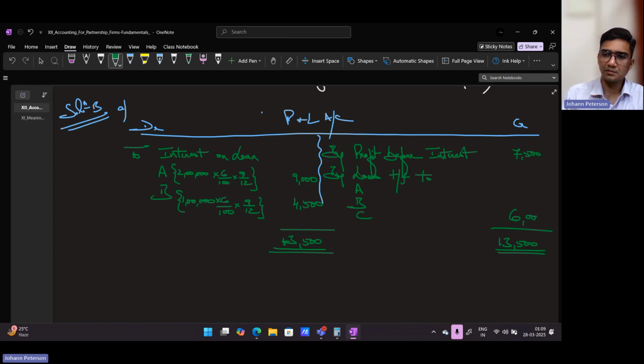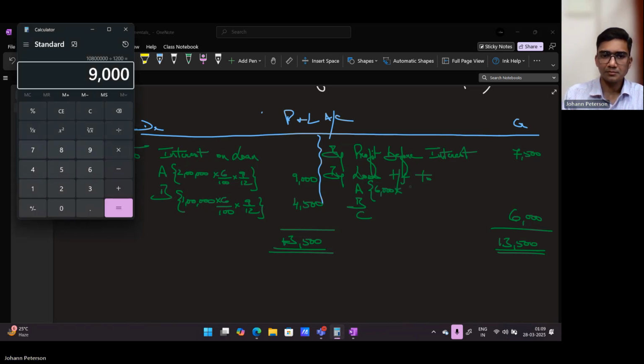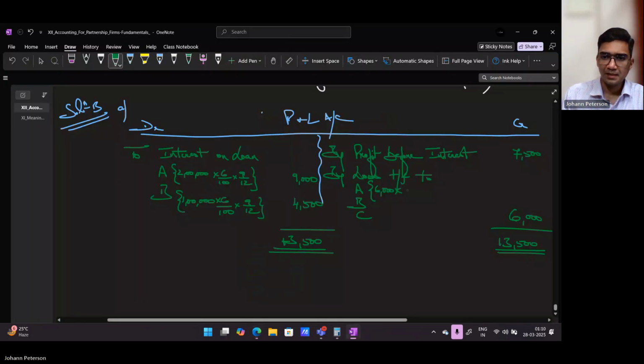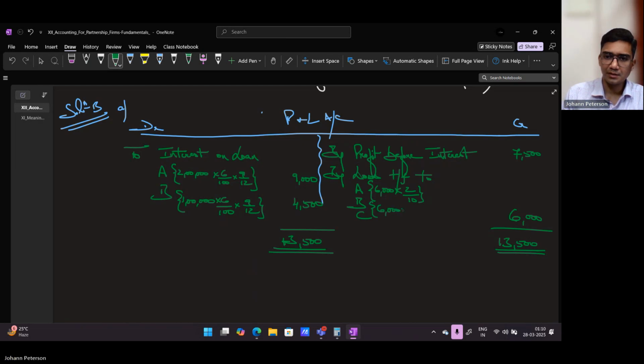So here I will write 6,000, which is my divisible loss, and I will calculate it by writing 6,000 into 2, 3, 5, right? Into 2 divided by 2 and 3 is 5, 5 and 5 is 10. Again, 6,000 into 3 by 10 and 6,000 into 5 by 10.